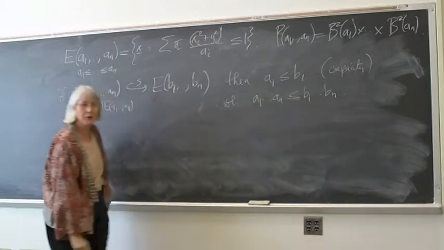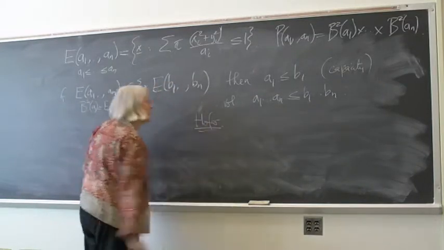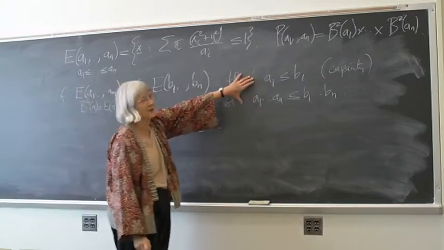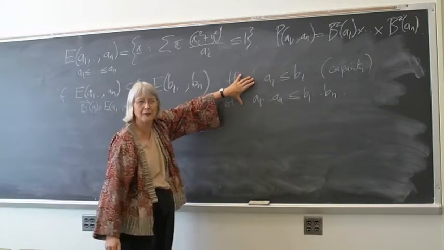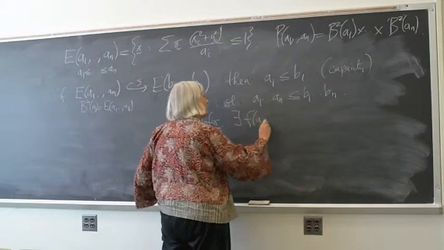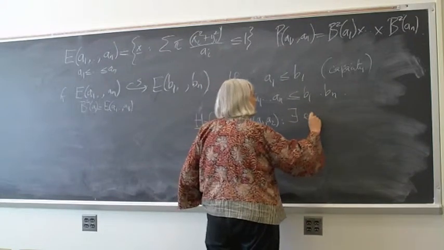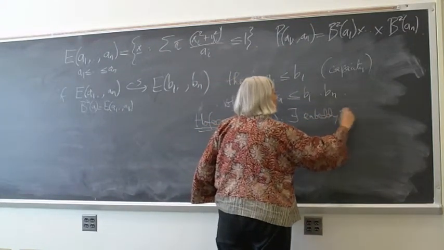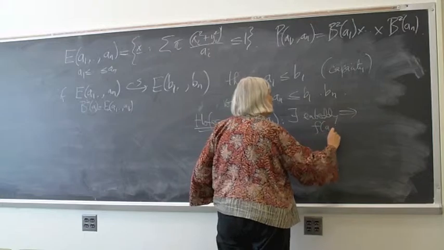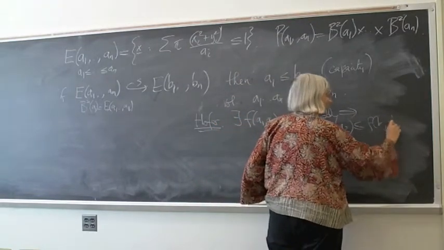And then Hofer was very interested in this and posed the question: are there any other general statements you can make of this kind? In particular, does there exist a function f of a_1 and a_2 such that the existence of an embedding implies that f(a_1,a_2) has to be less than or equal to f(b_1,b_2)?